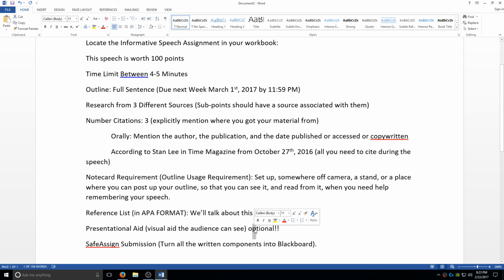And then Blackboard is going to be a real punk and not let you turn in your resubmission with the corrections. That creates a problem for everybody, because I've got to go in there and redo it, and you've got to go into Blackboard and redo it.